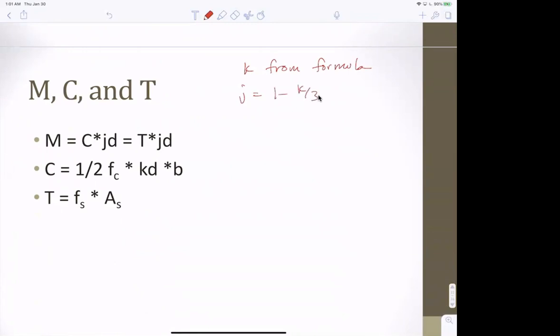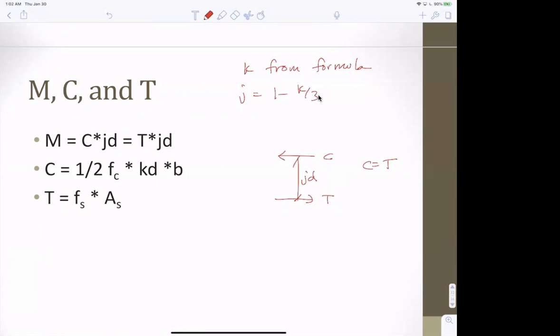And this is what you do for the moment. Remember the picture, you have C, T, internal moment arm of JD. A moment is a couple, just the force times the moment arm. So C times JD or T times JD, because obviously C equals T by summing forces.